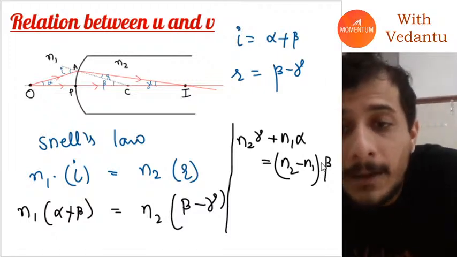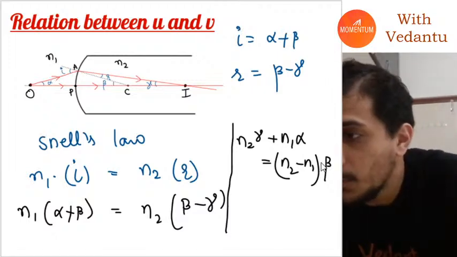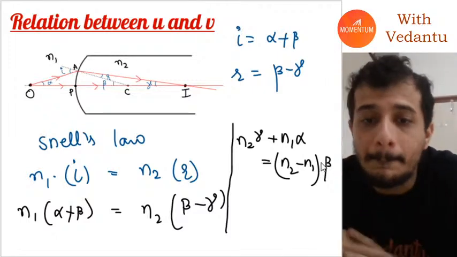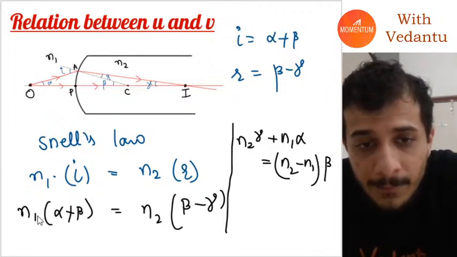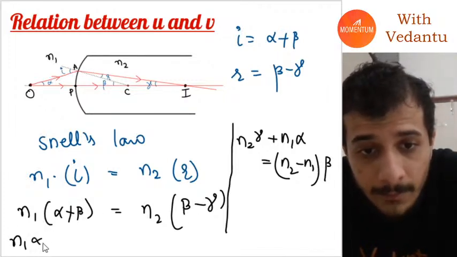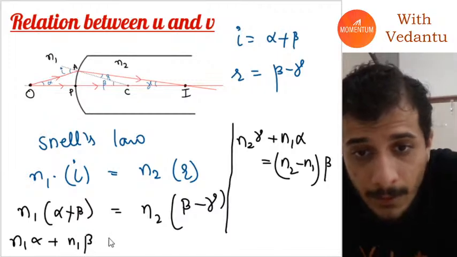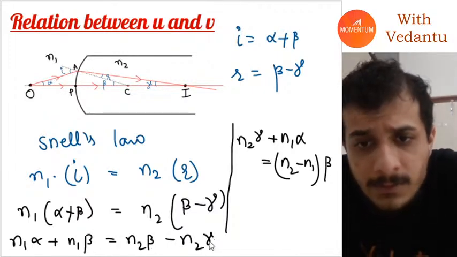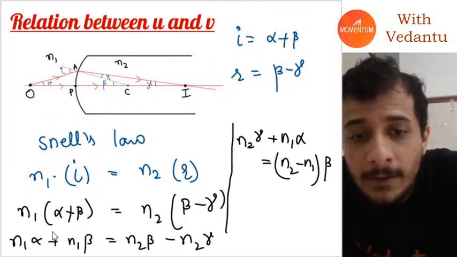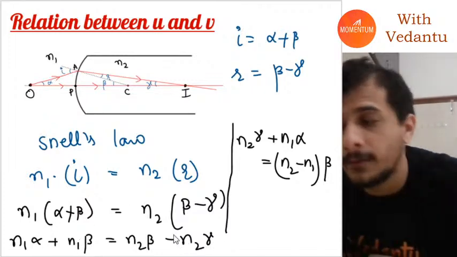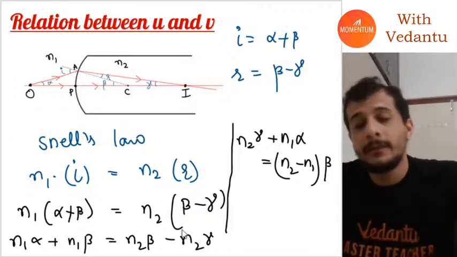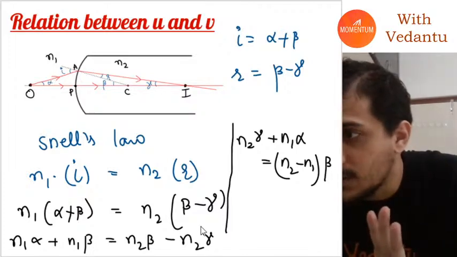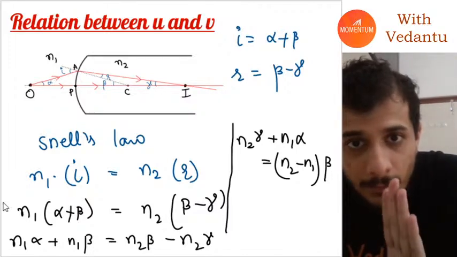I have just opened this up and then rearranged. N2 gamma I took to the left side and n1 beta I took to the right side. That is how we came across this equation.